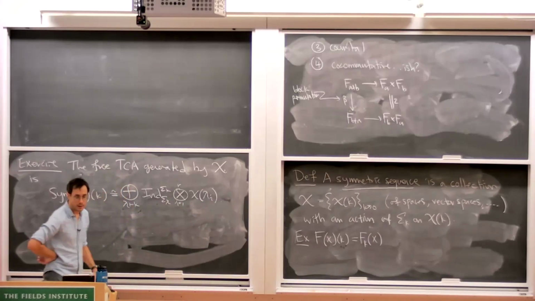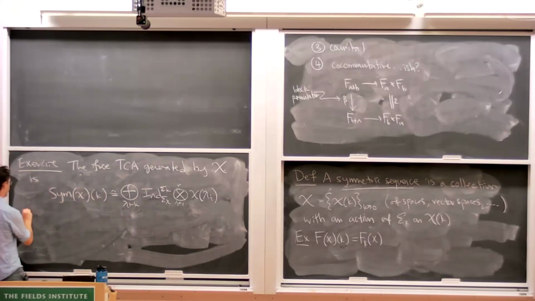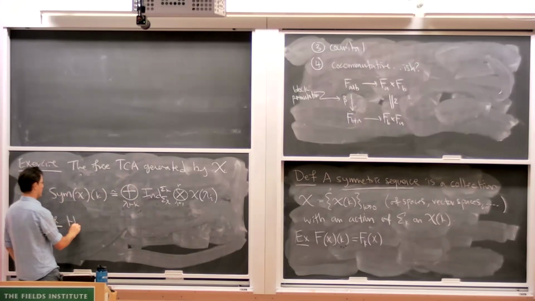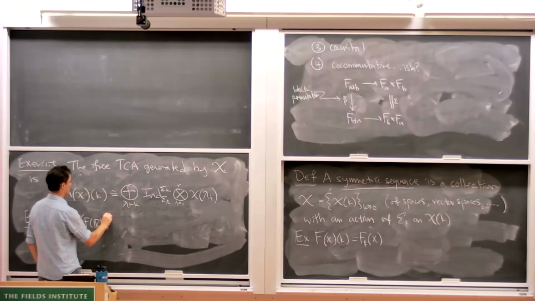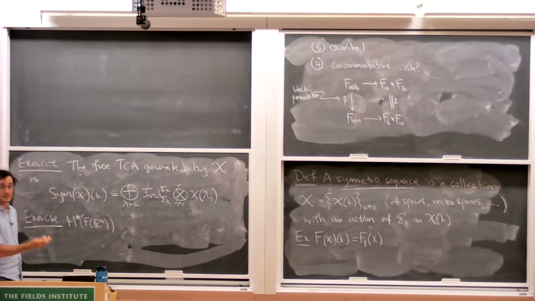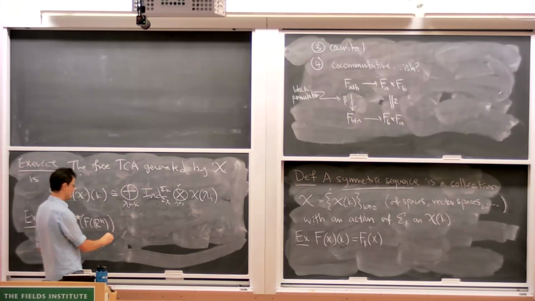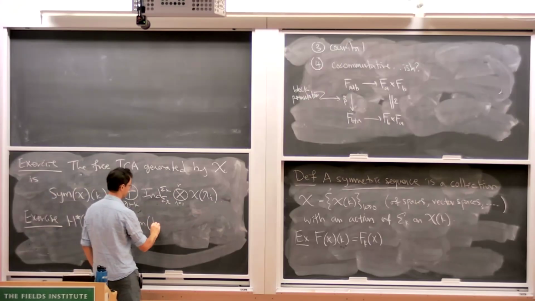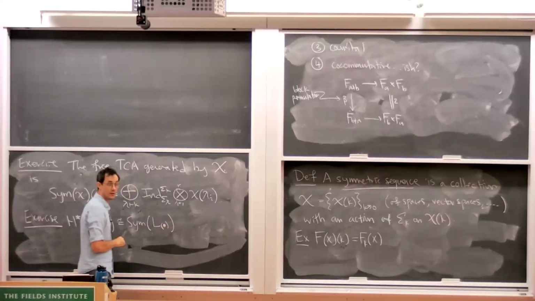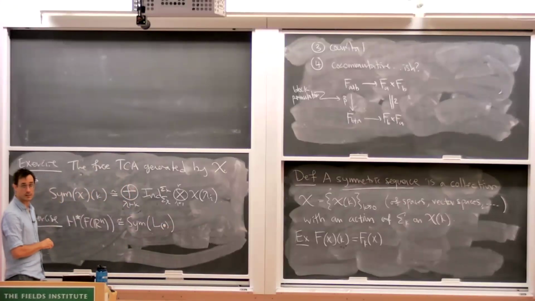Okay, so the further exercise, which is not much more than this, is to show that in fact the cohomology of the configuration spaces of Rn as a TCA is the free TCA generated by the symmetric sequence that sends k to L of k, the same L of k as from yesterday.